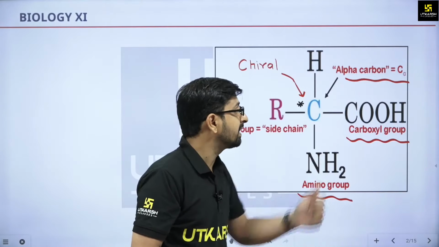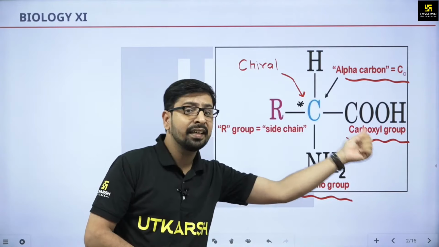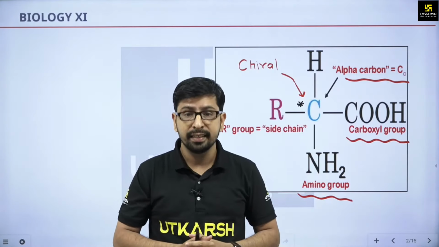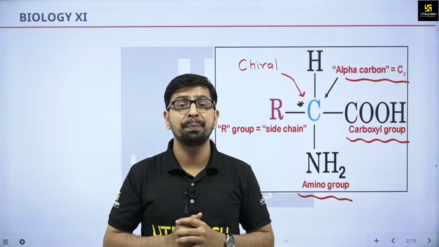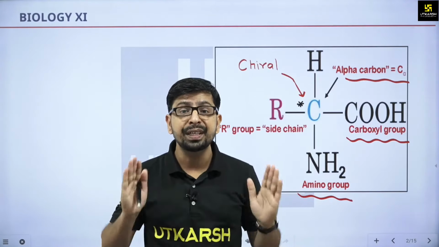Clear? Next, due to the presence of both acidic and basic groups, amino acid behaves as amphoteric in nature. Both acidic and basic moieties are present on the alpha carbon.